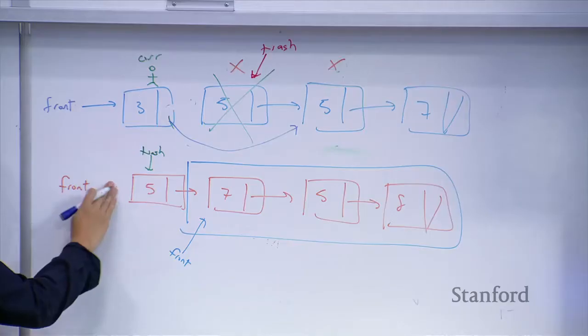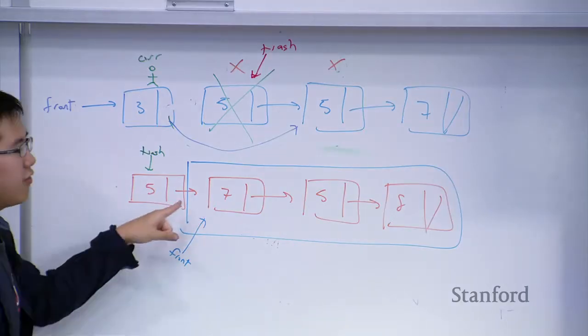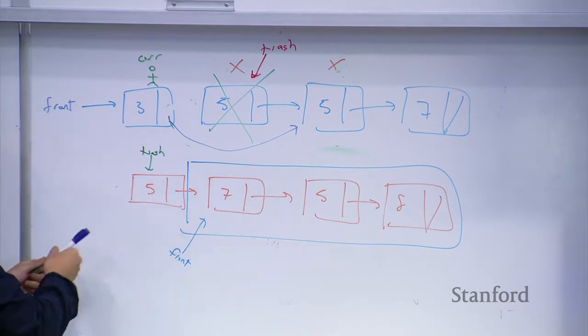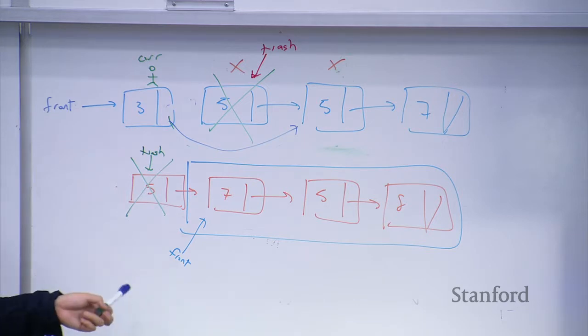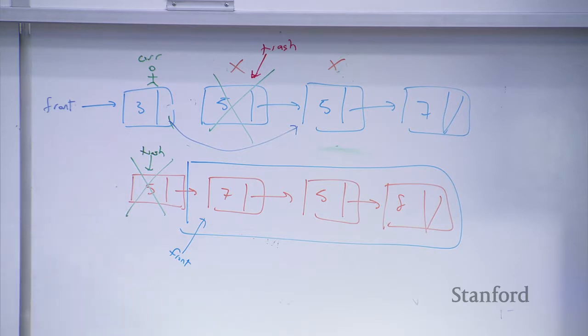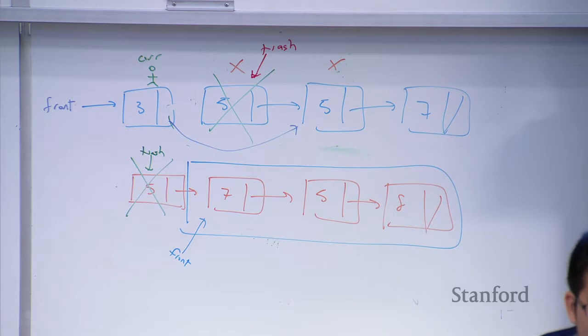We set front now to here, so now its front is equal to this one. Remove all from that, and then be sure to delete trash. At the very end of this function, front is still going to be correct. It's going to correctly point to the remaining of the list. We don't need this element anymore. Does that make sense? Should I explain this one more time, or are there any questions I can answer right now?